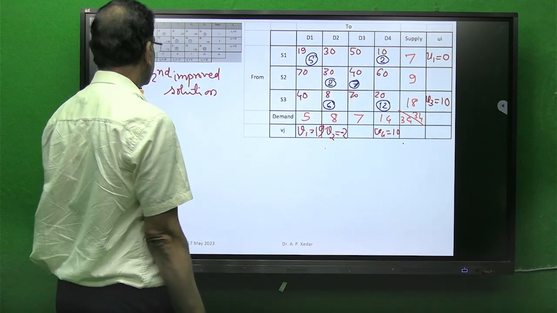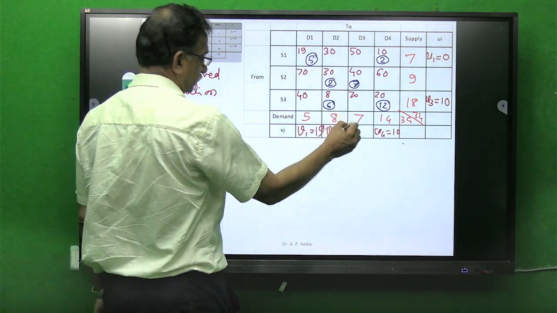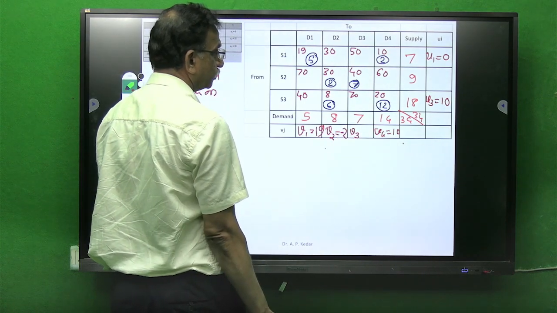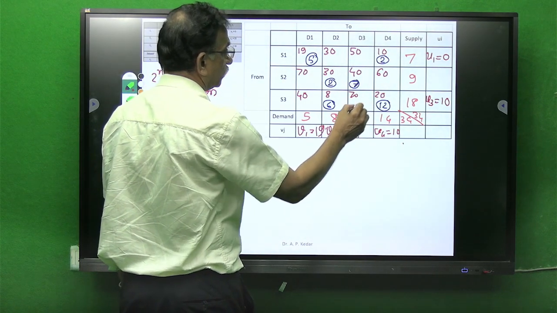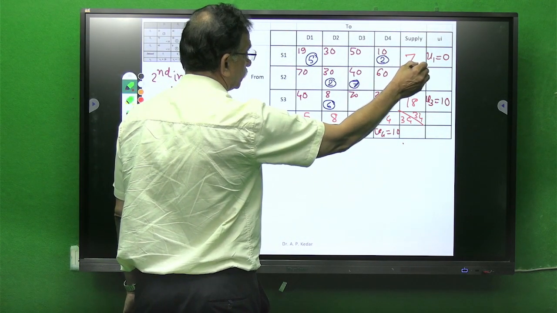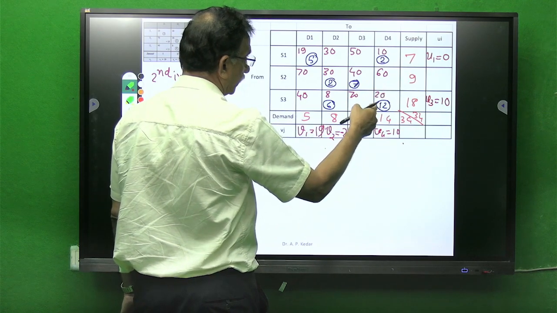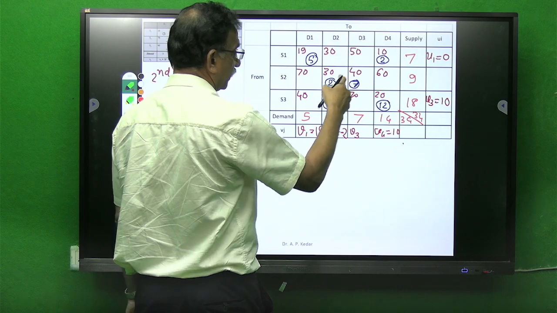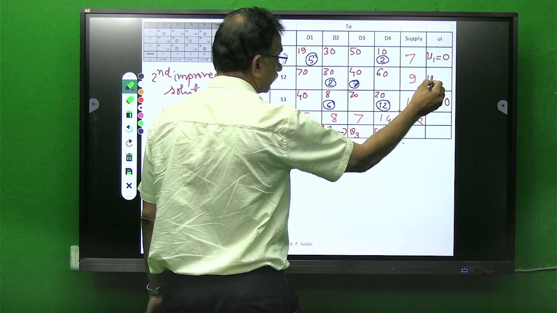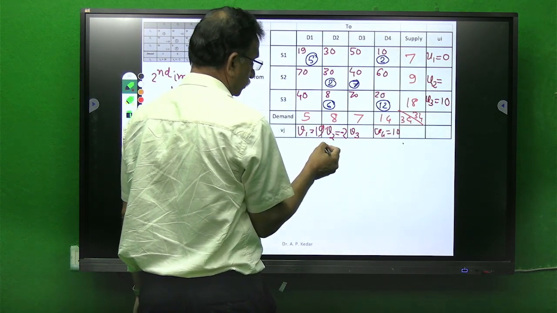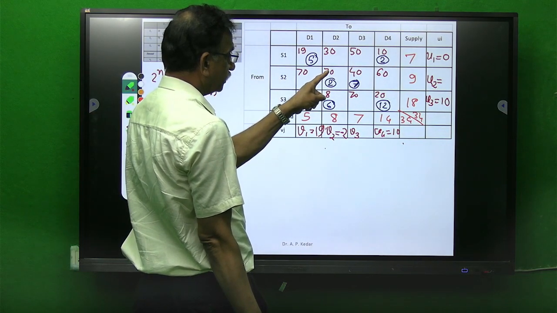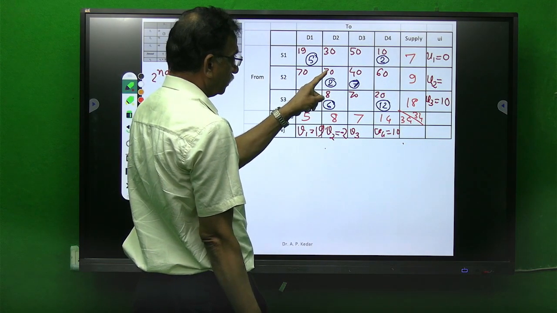Now once you have this value, the task is to find the value of v3. So how? See here, can you directly find it now? It will take time. Before that, find this value of u2. So for finding the value of u2, this is an allocation with cost 30.